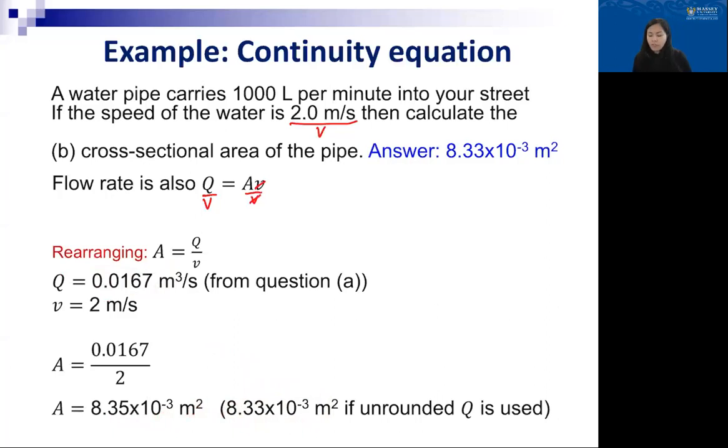To avoid carryover errors or carryover uncertainty, we'll just use 8.33 times 10 to the minus 3 square meters. All right. Okay, are we happy with the solution for the area?